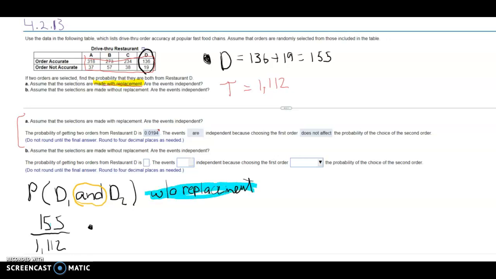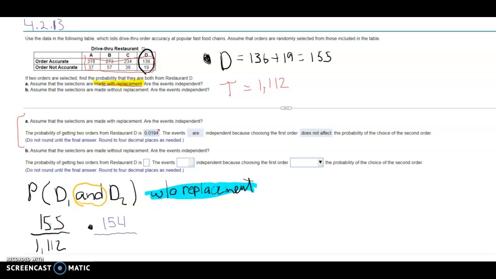So once I've selected that first order from restaurant D, it's gone. So when I'm finding the probability of selecting a second order from restaurant D, I don't have 155 orders to choose from. I have 154 orders. And because I've already selected an order, whether it was D, whether it was something else, that means there's one less total order.